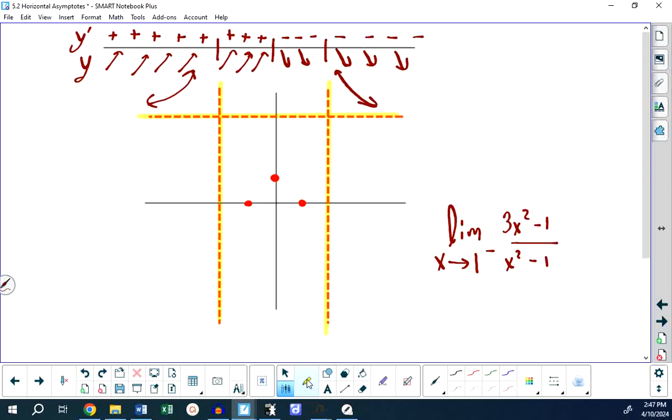If it's increasing immediately after the first asymptote, and this point at 0, 1 is a max, well, there's only one way you can draw it so that it's asymptotic to those two vertical asymptotes. And it's like that. And don't worry about your artistic ability.